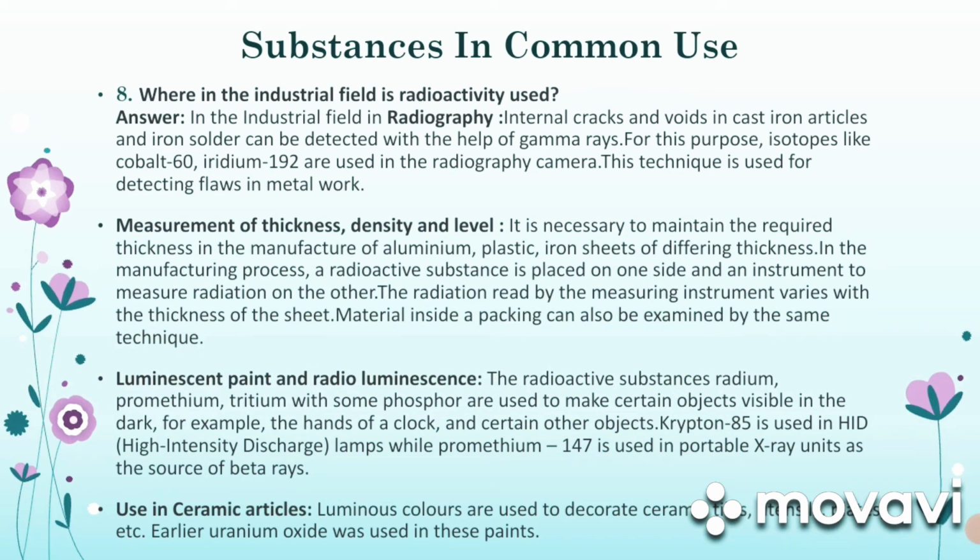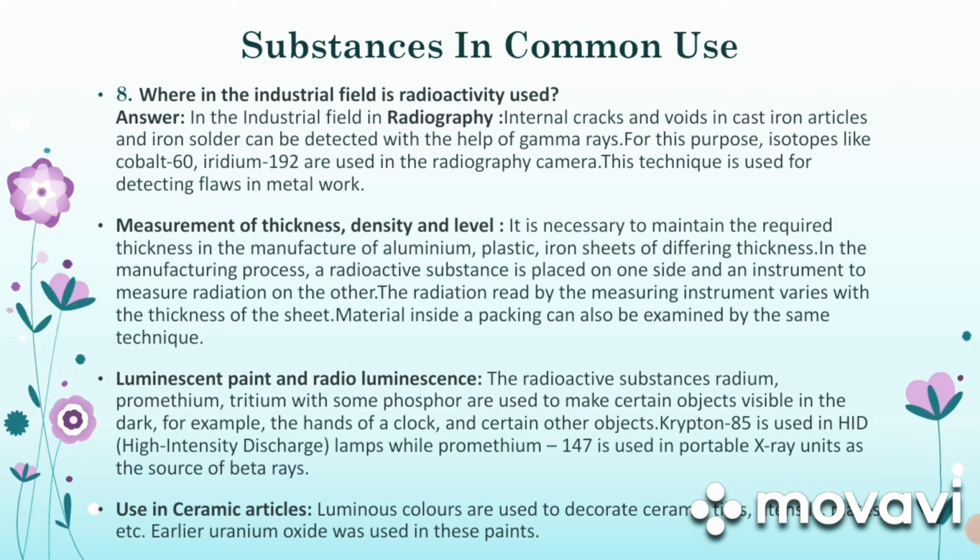Luminescent paint and radioluminescence. The radioactive substances radium, promethium, tritium with some phosphor are used to make certain objects visible in the dark. For example, the hands of a clock and certain other objects.